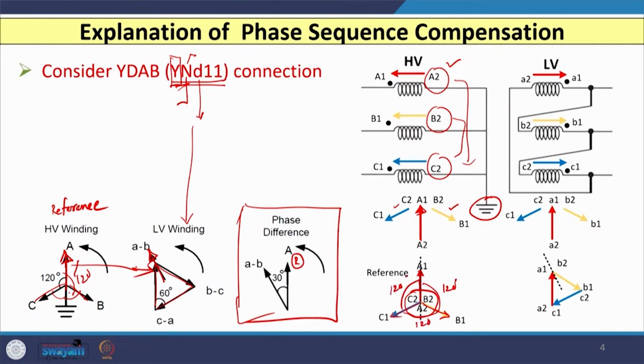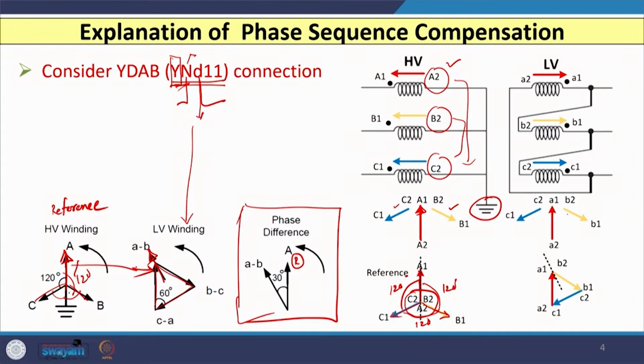Now, similarly if I consider on the LV side, that is the delta here. So, you can see that I have shown the winding phasor from again A2 to A1, B2 to B1 and C2 to C1 in RYB phase respectively. So, here you can see that the 3 phasors are from A2 to A1. So, this is your first winding phasor.